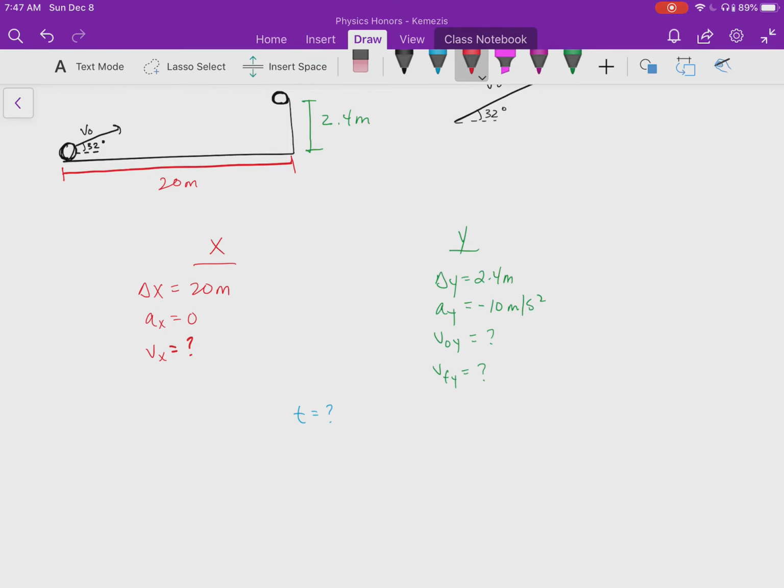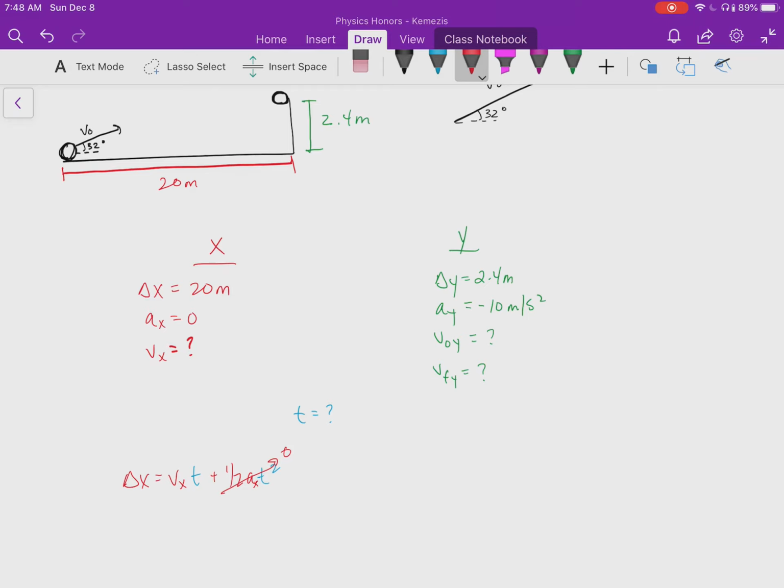So let's put together some equations that we know. For the x, we are going to use delta x equals v naught t, but in this case v is v naught and vf, because there is no acceleration, plus 1/2 a t squared, and this term goes away because the acceleration in the x direction is 0.